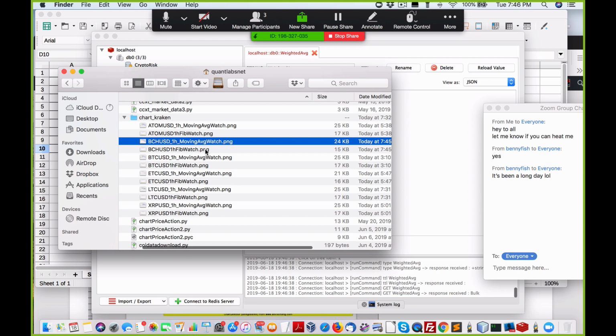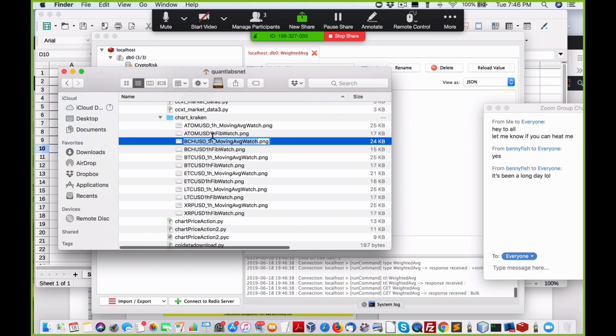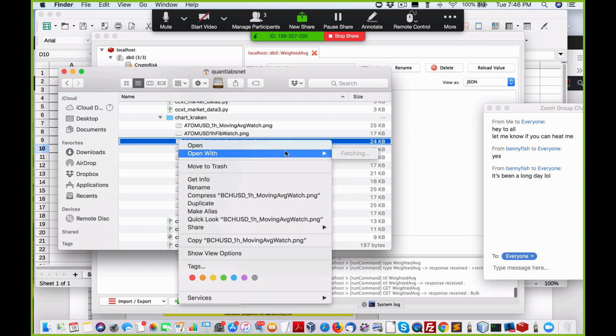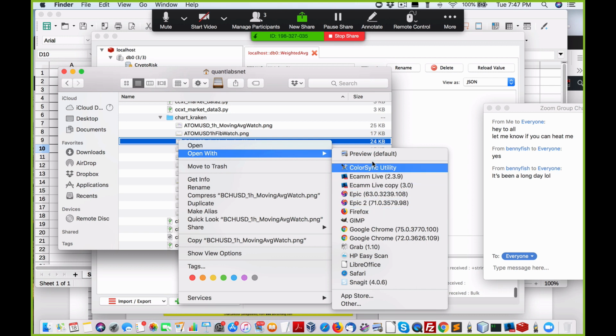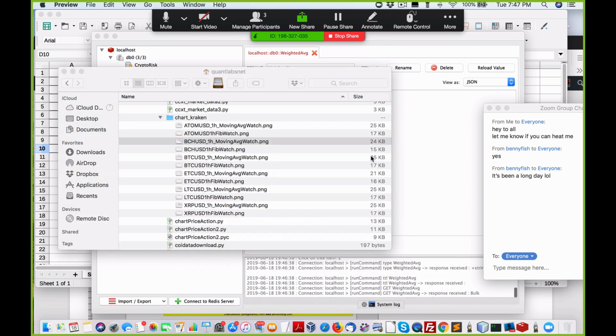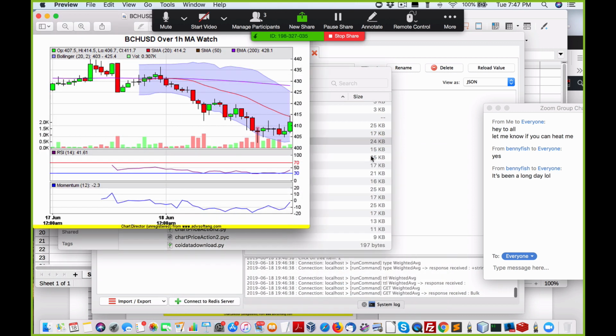So let's just go with the Bitcoin Cash hourly moving. So this one was probably added to the watch list, but they can be quickly removed off of the watch list when these crazy whipsaws come in.